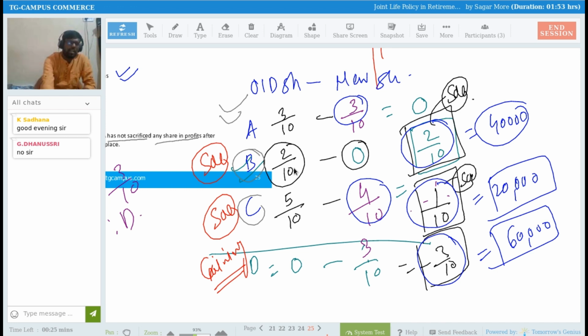We know now, the sacrificing partner's capital account, we always have to credit it. So B's capital and C's capital we have to credit, and the gaining partner's capital account we have to debit. So D's capital account we have to debit. Simple. Check the solution now.